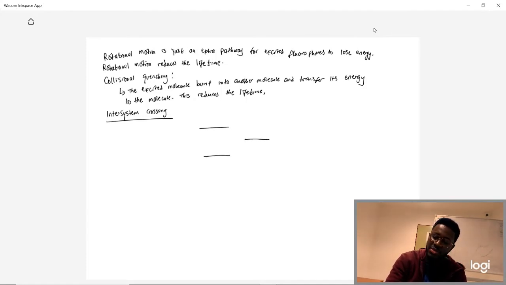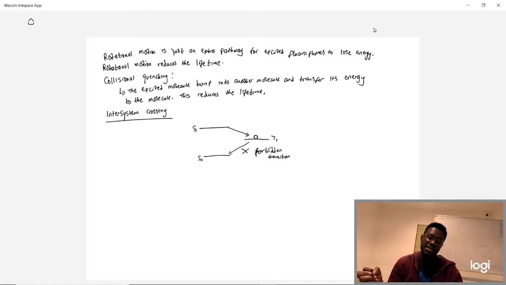When you go from S1 to T1, remember that going from T1 to S1 is a forbidden transition. So what happens to the molecule already there? It remains there for a while. Exactly, it remains there.